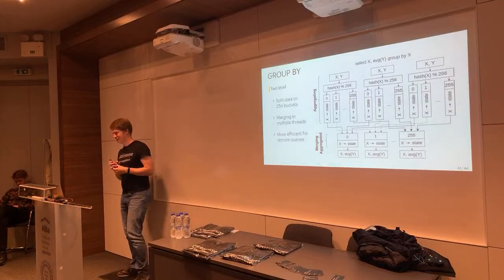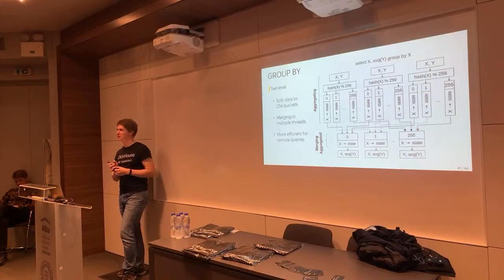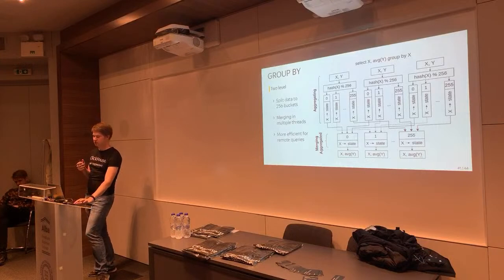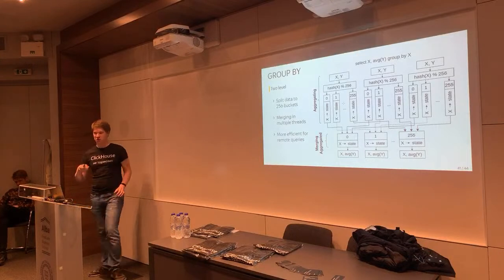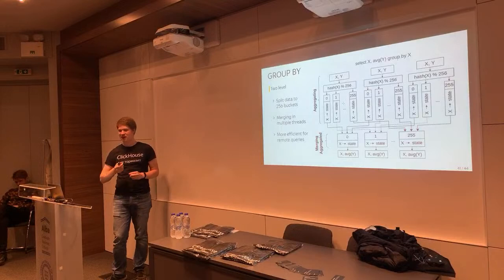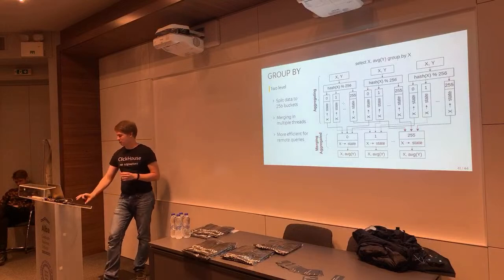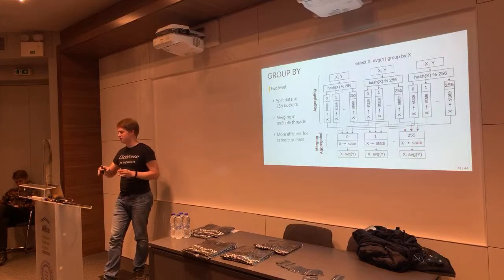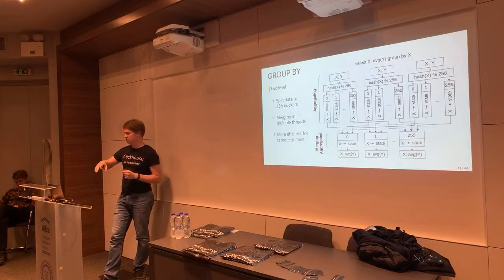Well, it's two-level aggregation. And basically it works in a similar way, but in every thread we have not a single hash table, but 256. And what we do, we take our key, calculate a very fast hash function, and take it modulo 256.